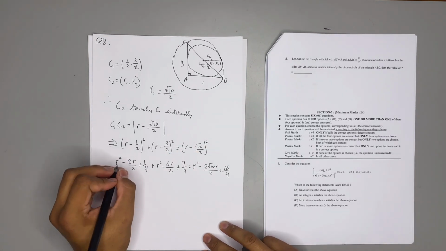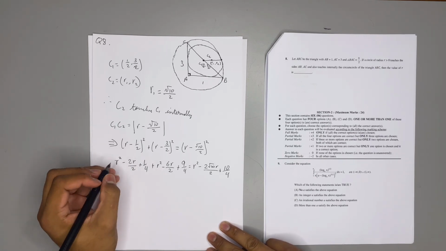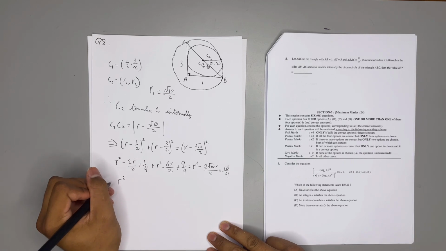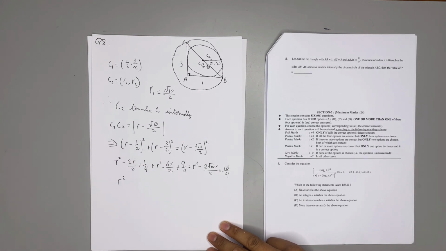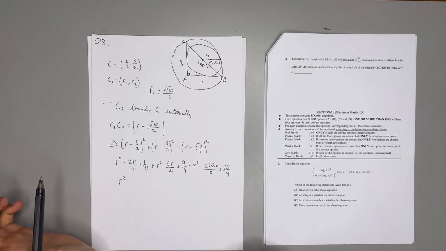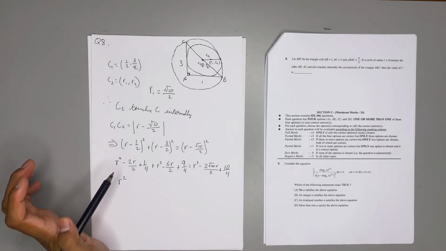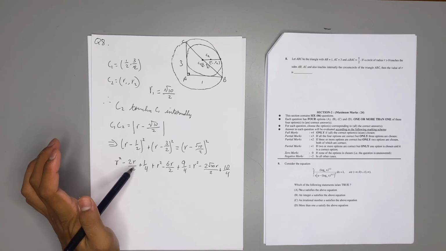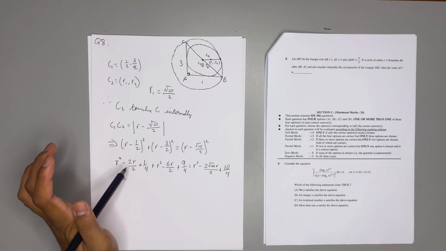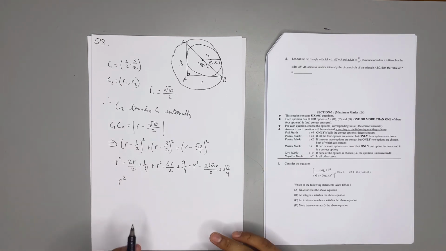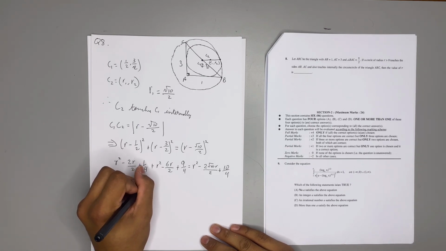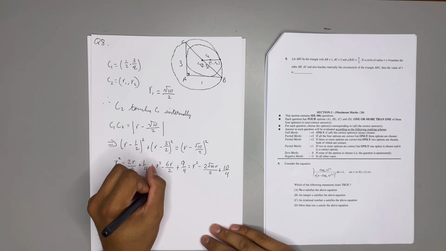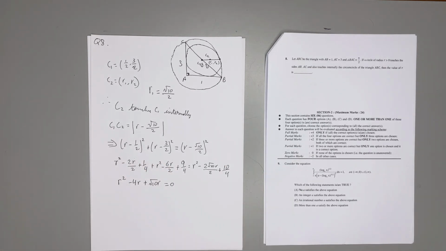Rearranging and simplifying, we then get 2R squared minus R squared is R squared. 10 upon 4 minus 10 upon 4 are gone. Have we made a mistake somewhere? That is R squared minus R minus 3R, negative 4R plus root 10R equals 0.